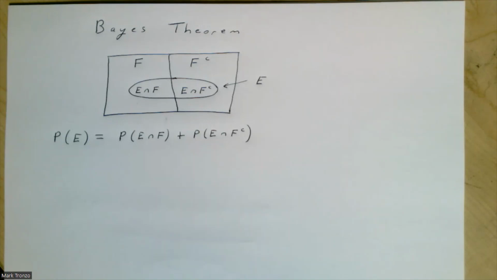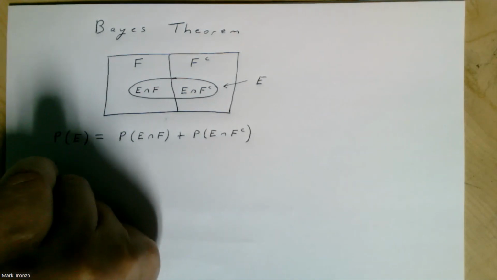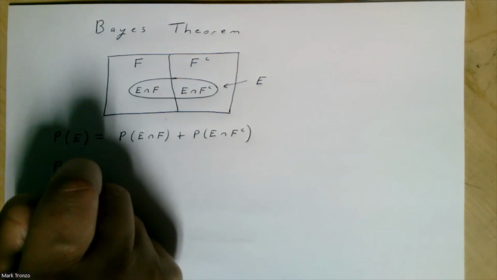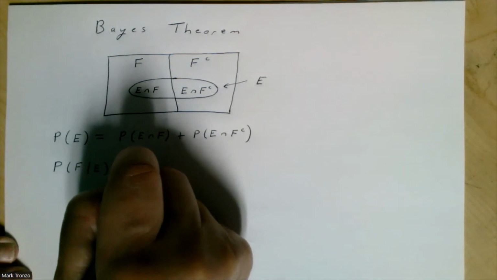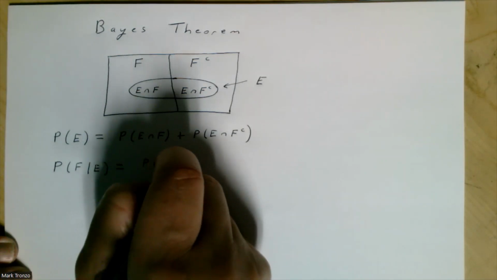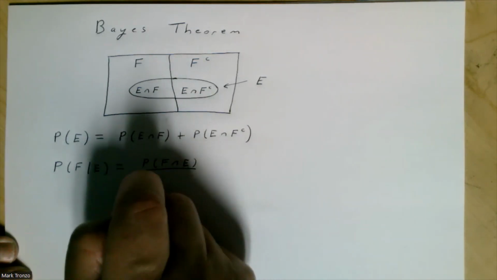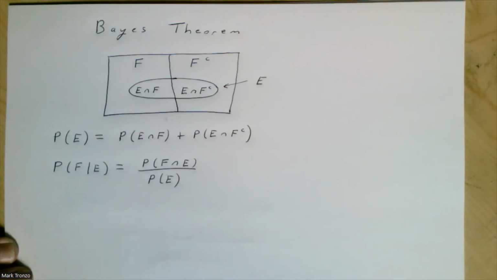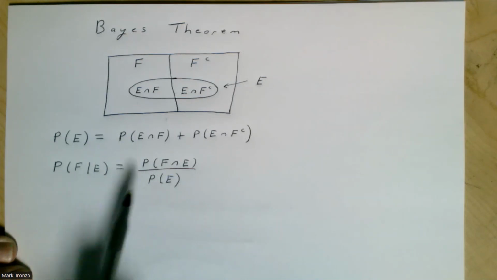And now, just as we did previously, we want to find the probability of F given E. And of course, that's always going to be the probability of the intersection of F and E divided by the probability of E. Remember, when you set up this conditional probability, it's always the intersection of these two divided by the probability of this one.